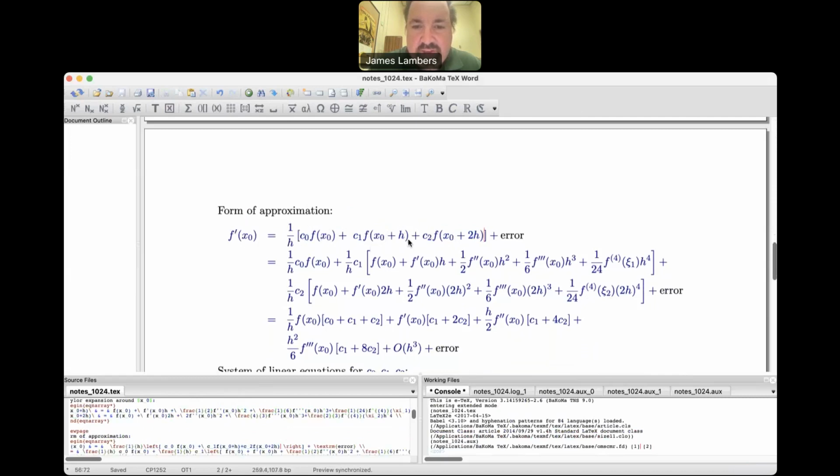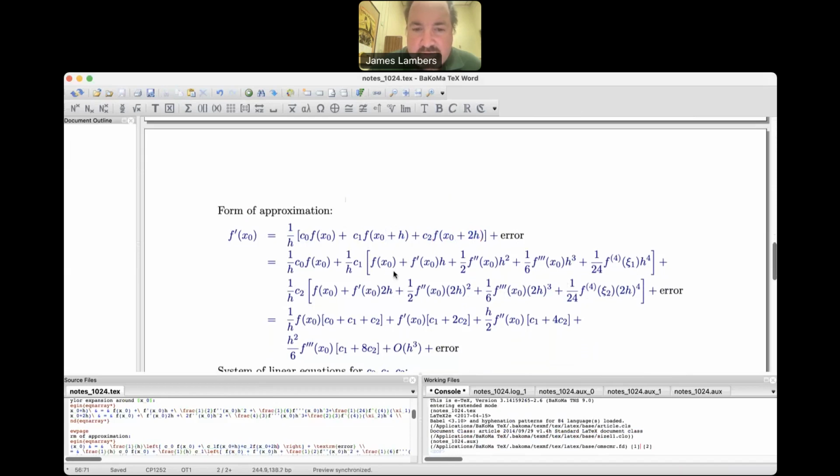We're going to solve for these. And then you have some error left over. So that's what we need to find. We need to find these c's and the error. So what I do is I replace f of x naught plus h and f of x naught plus 2h with the Taylor expansions that were computed earlier.